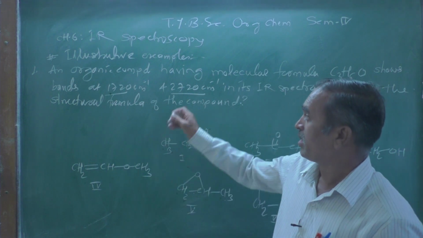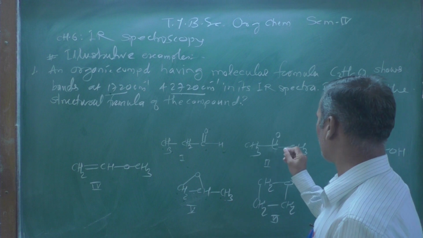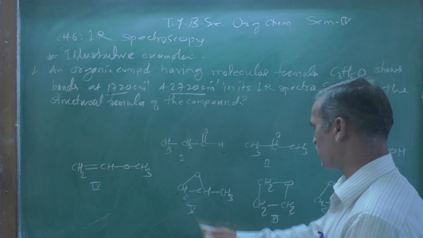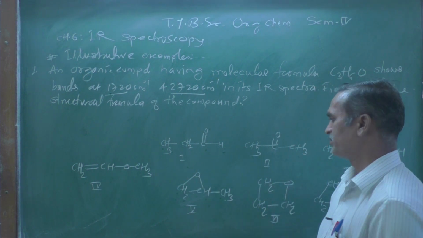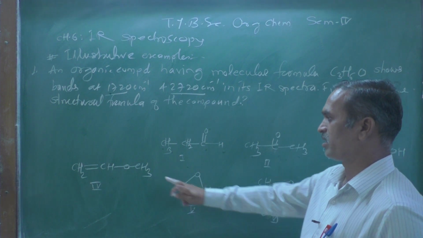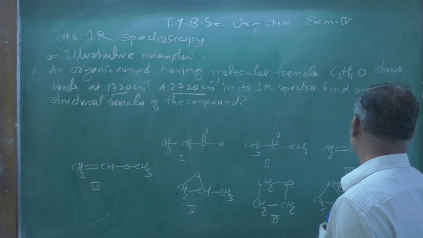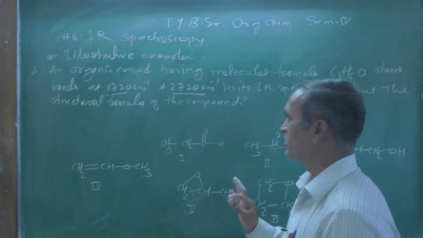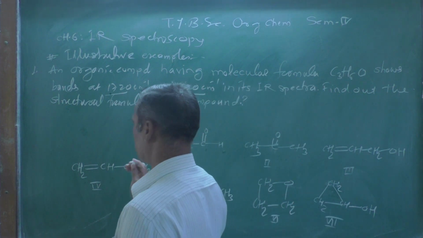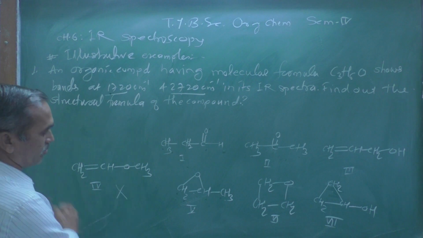And another one here, look at this one also having a carbonyl group, this one also having a carbonyl group. No other element shows a carbonyl group. Here ester, here also ester, here alcohol, here alcohol. Means from this, if you see, this structure is ruled out.